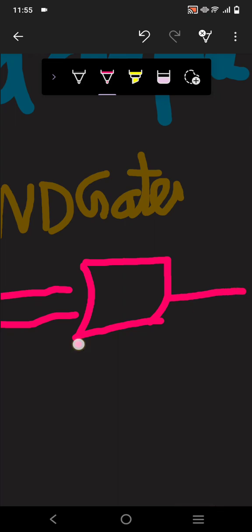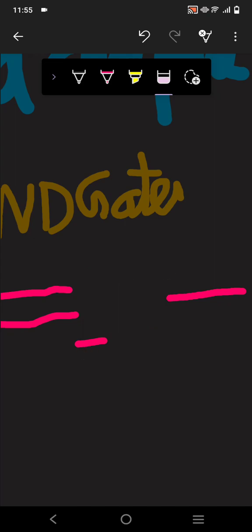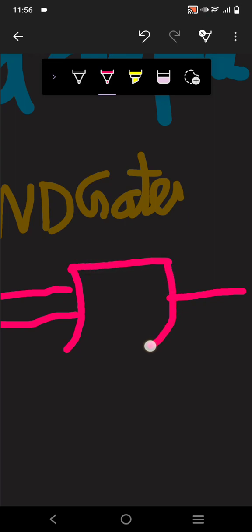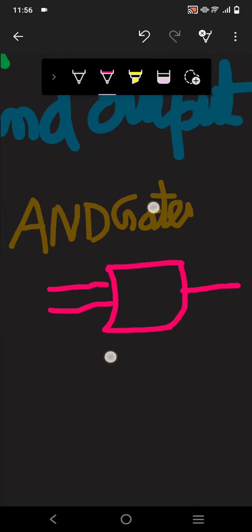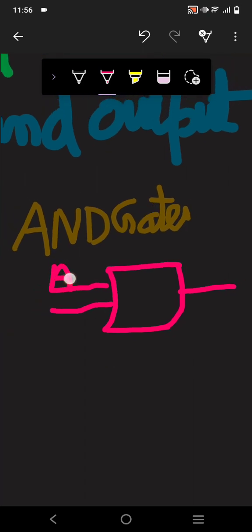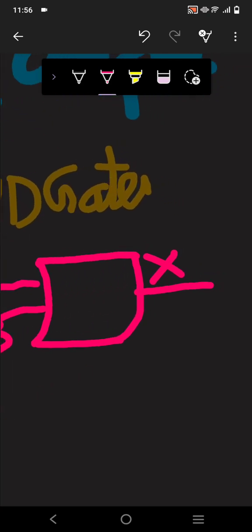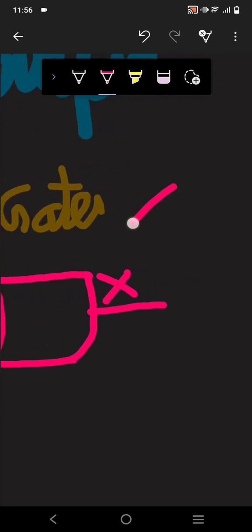This is the output. Okay, this is A, B and F. So it will be working on the principle of multiplication.